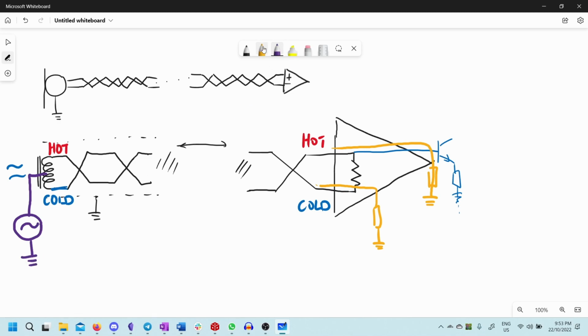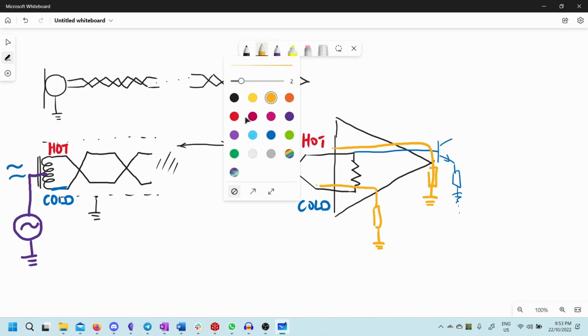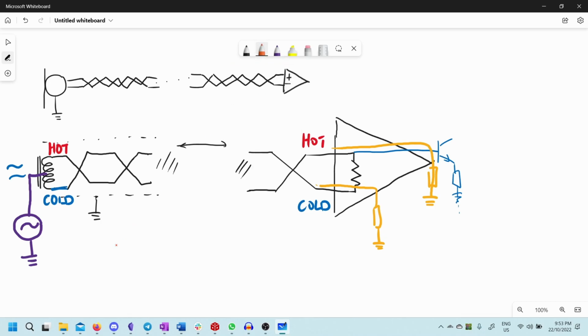Now, this is where our common mode impedance arises. Let's use dark orange. So crucially, now there is a path for current to flow like this, right?